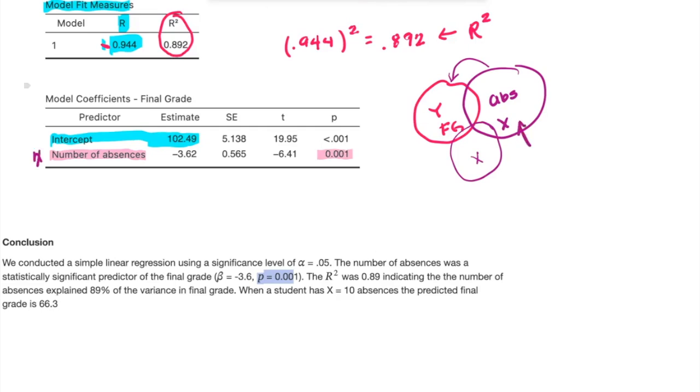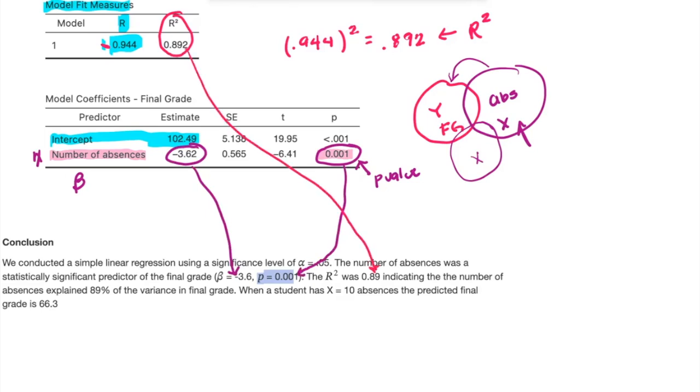This is the information that we're going to present for beta, and this is our p-value, but we kind of knew that at this point of the class. For beta, I mentioned it because we're going to need it here. And then the p-value, we're going to need it here. And then the r-squared, we're going to need it here.